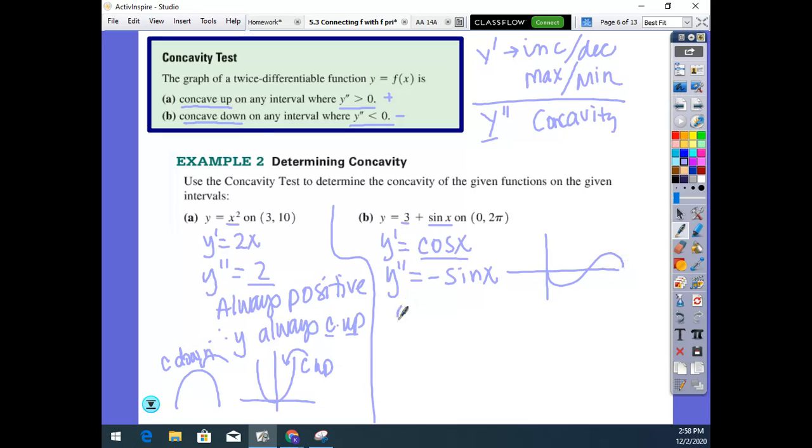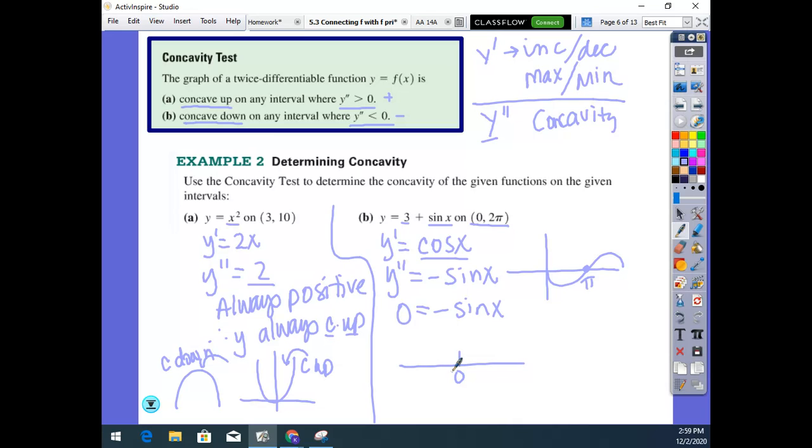So where is the second derivative equal to 0? Well, where is sine 0 at pi? And we're looking on the interval 0 to 2 pi.